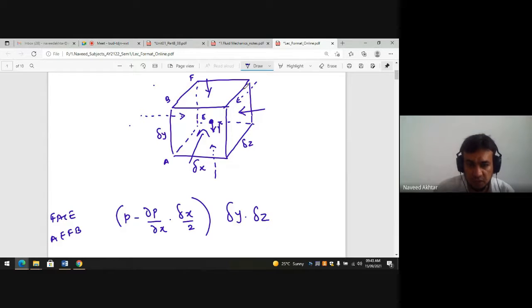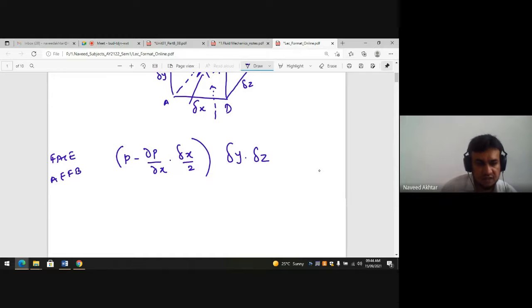Now if I come in the opposite direction, my face is DHGC. So I will write down the positive face DHGC. I will write down the pressure P minus ∂P/∂x.